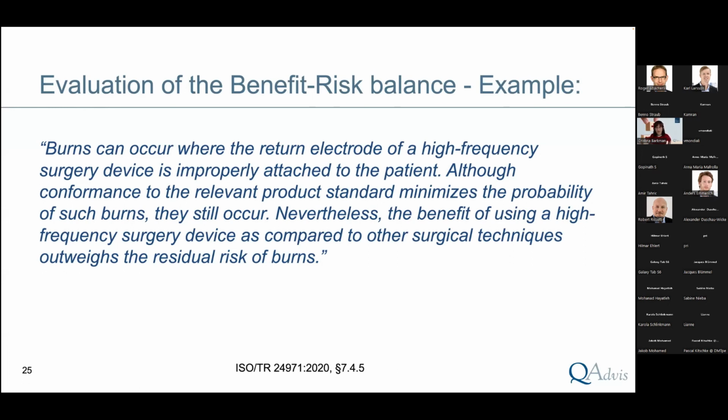In this case, the benefit of using the high frequency surgery device as compared to other surgical techniques has been determined to outweigh the residual risk of burns. So this is a way you can write it. Please have a look into the guidance if you have time, because there are some more examples there. I can't take all examples here.